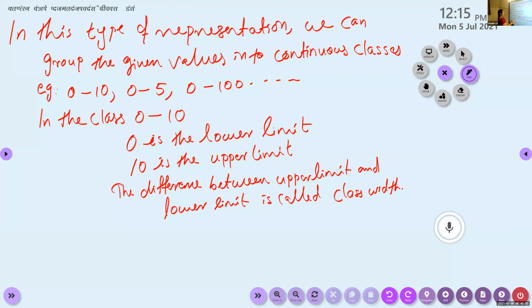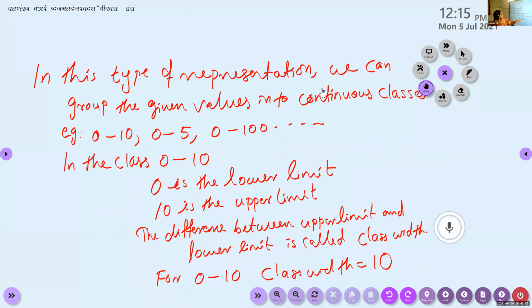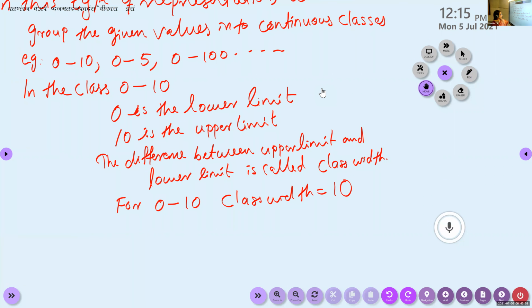So for 0 to 10, the class width is 10. Upper limit minus lower limit gives the class width.